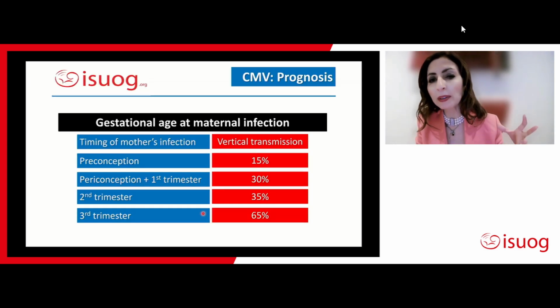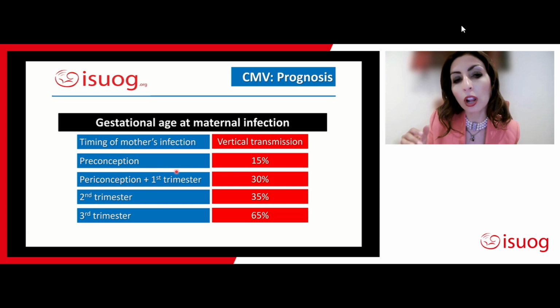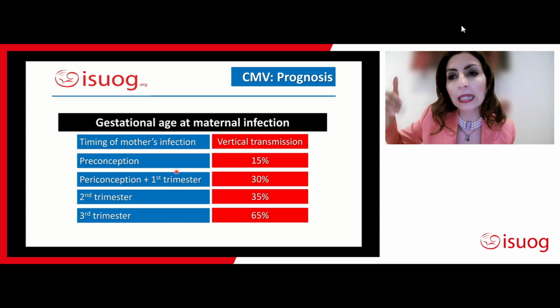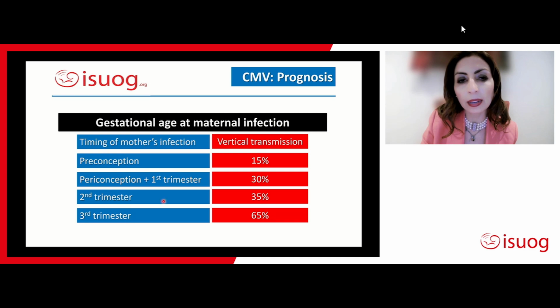So the timing of maternal infection: the general rule, for example, in CMV, is that the later the infection in pregnancy, the more likely that the virus will cross the placenta from the mother to the baby. So you see here the chance of vertical transmission is higher in the 3rd trimester compared to if it happens in the 1st trimester.